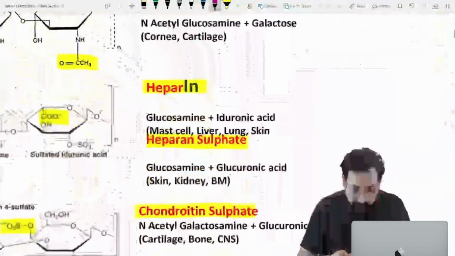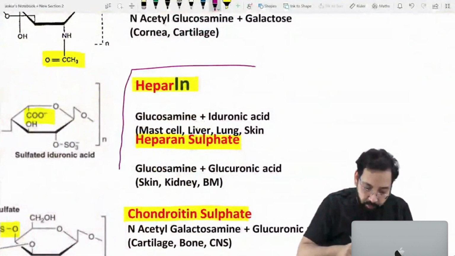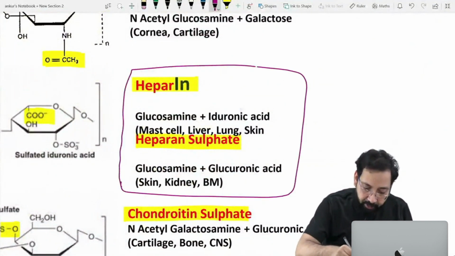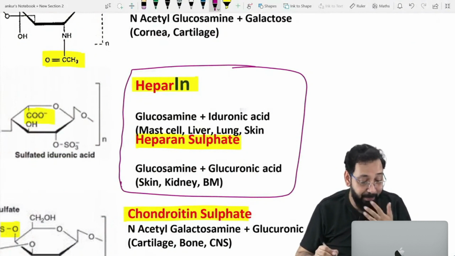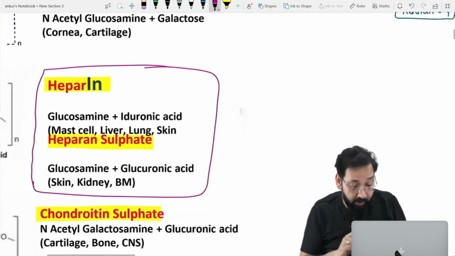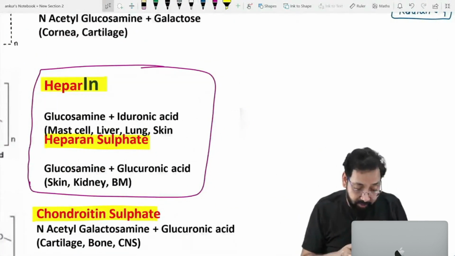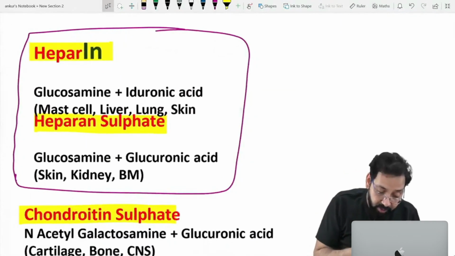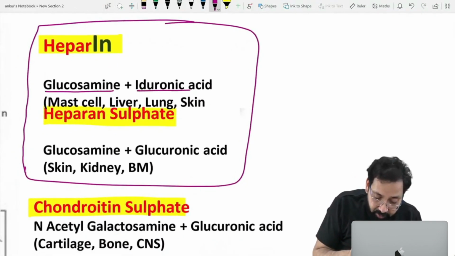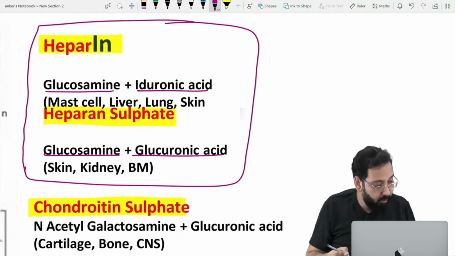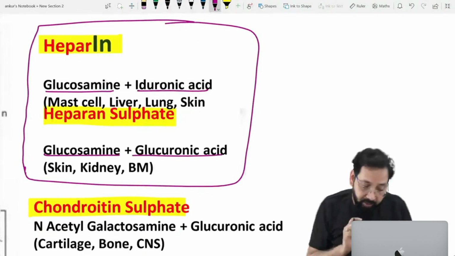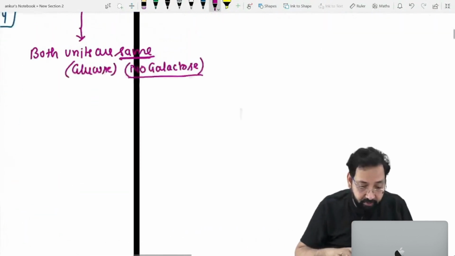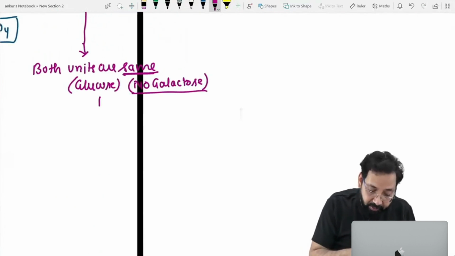Two same words, heparin and heparin. Yes, heparin and heparin are two similar words. If you see the structure, is there any galactose? No galactose. If both units are the same, no galactose, it may be heparin.